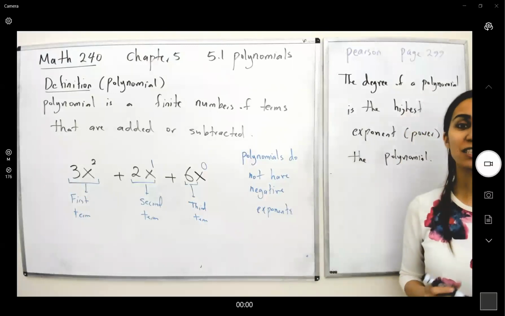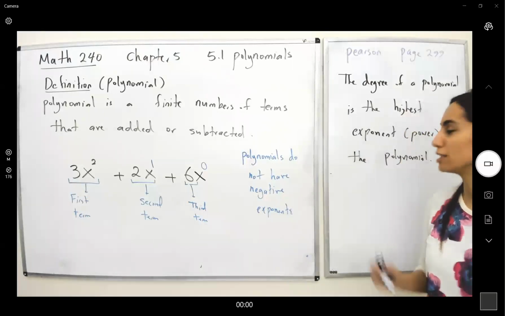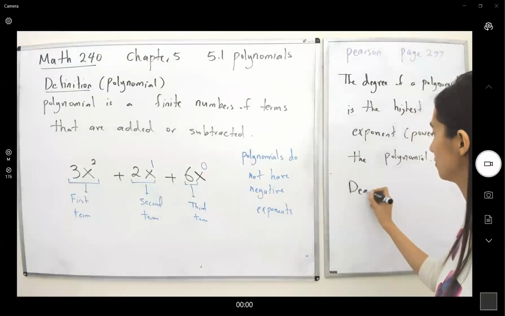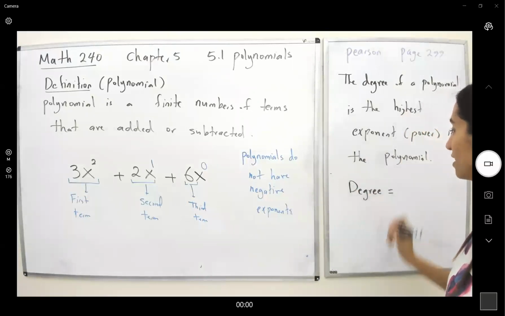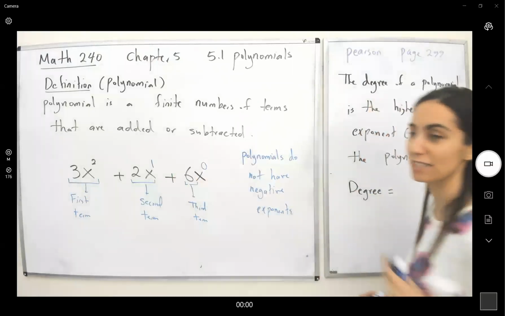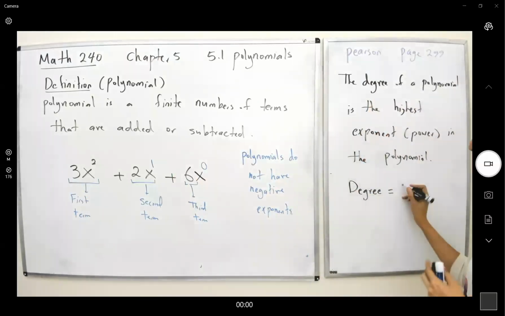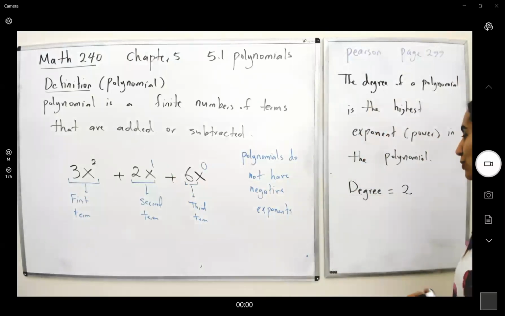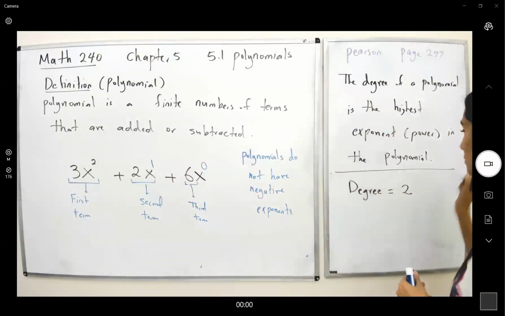Very well. In this case, you can write down the degree is equal to the highest exponent, the highest power. In this case it is 2. So the degree in that previous example is equal to 2.